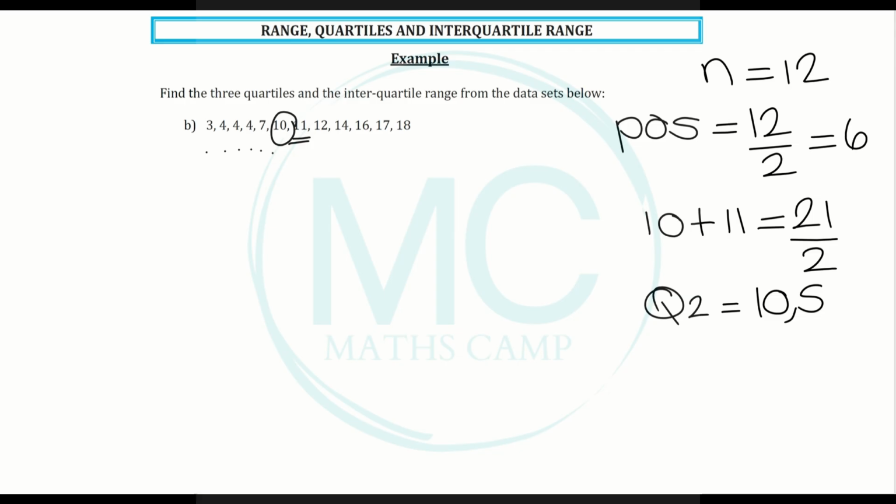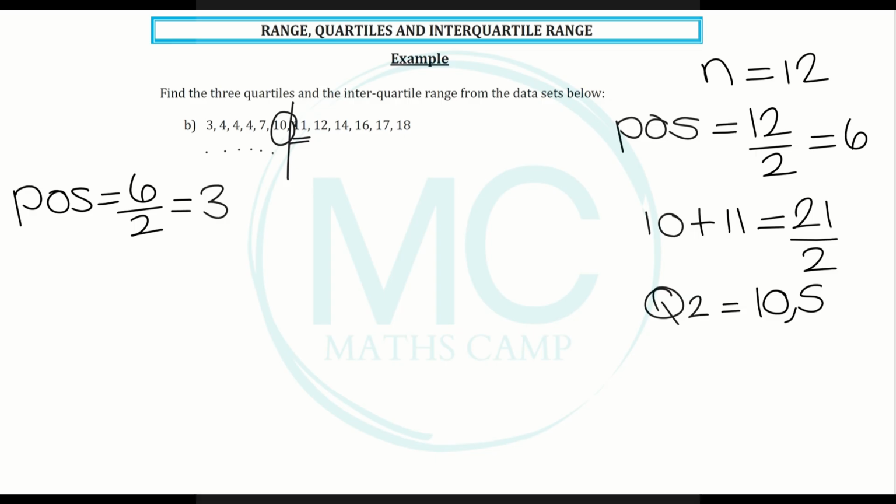Because the median is not an actual value in my data set, I divide my set in half between these two values. Now on the left, I have 6 values and 6 on the right. To find Q1, I can say the position of Q1 is equal to 6 over 2, which is equal to 3.